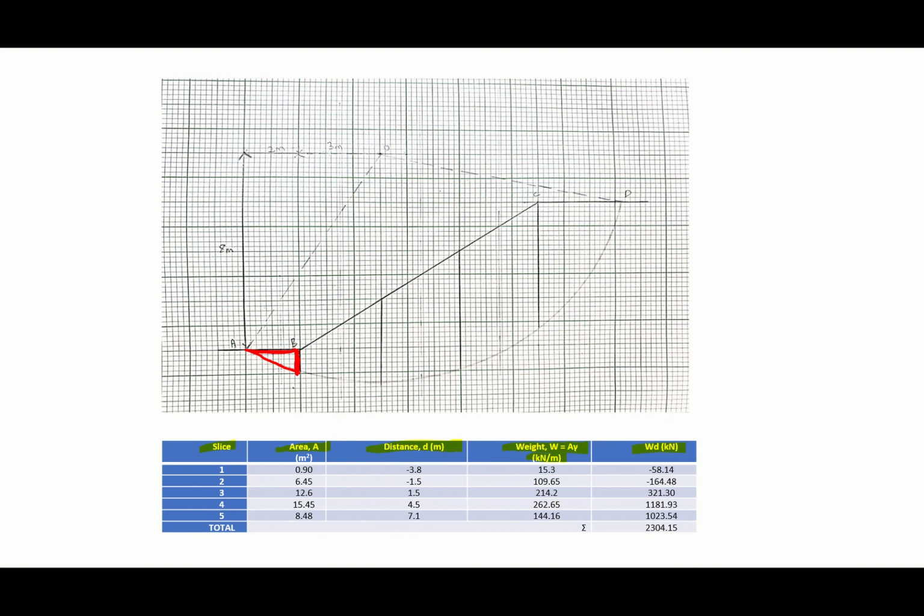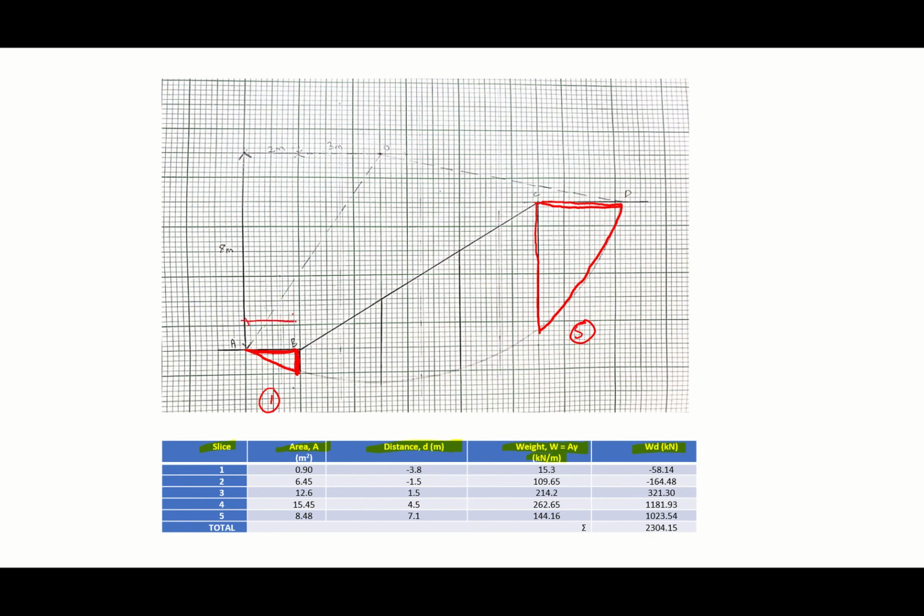Okay, the workbook says that slice number 1 and slice number 5 use the area of a triangle. Okay, because when we see the shape is almost like a triangle, for slice number 1 and slice number 5 the equation is half B times H. Okay, what is B?